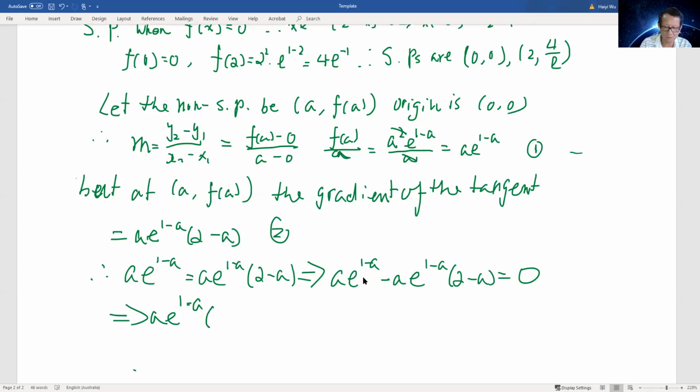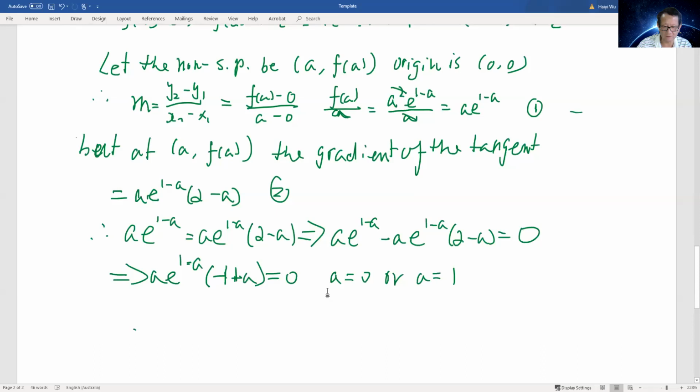So the answer will be here 1 minus 2, so there'll be negative 1 plus a, or a is equal to 0. So now we got first a equal to 0, or next a must be equal to 1. So we got two values, a equal to 0, a equal to 1.